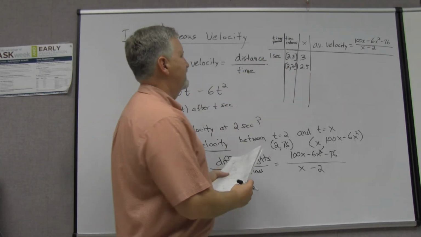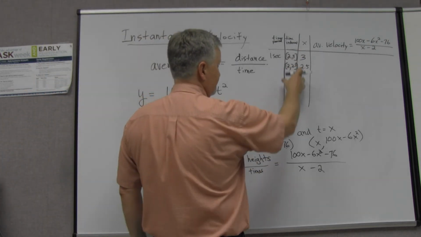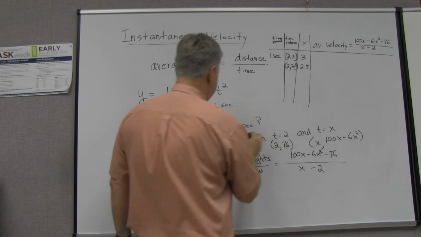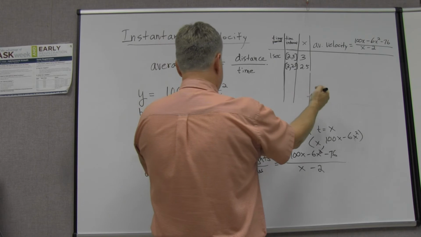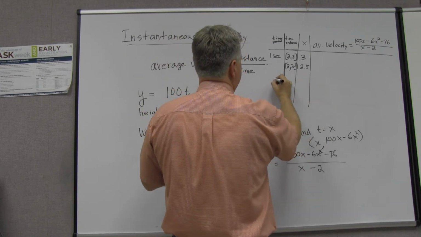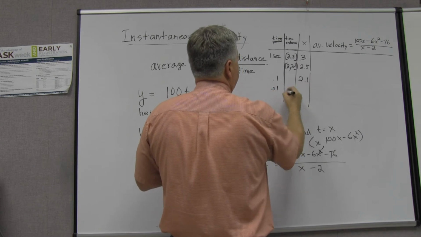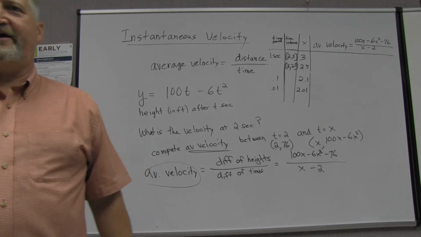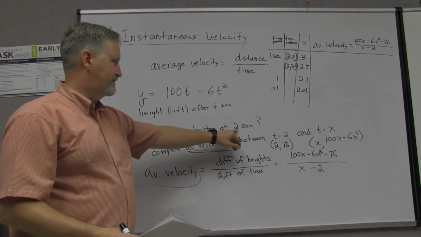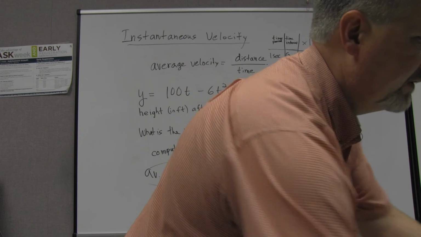And the idea is the same though, because notice here I'm doing the x values getting closer and closer to 2. I started at 3 and went to 2.5, and so the next one, let's say I do a time period of 0.1, so that'd be 2.1, and then 2.01. It's the very same idea. I'm getting closer and closer to that x value, the time that I started at, which is 2. Is that okay?